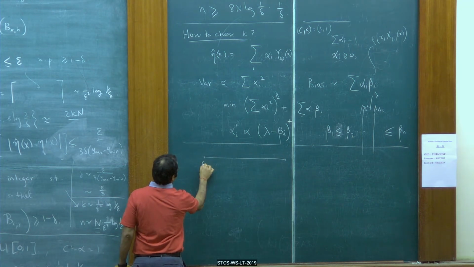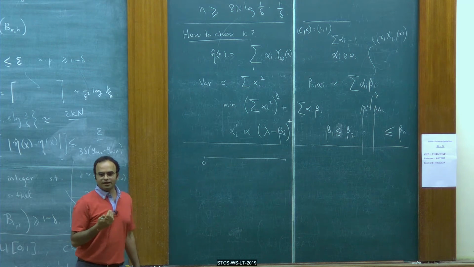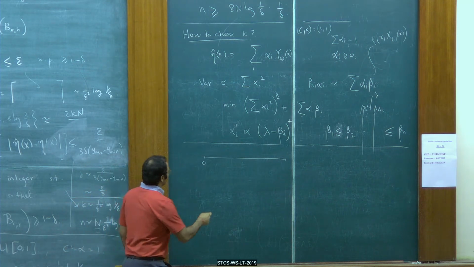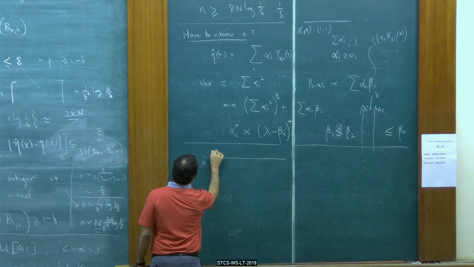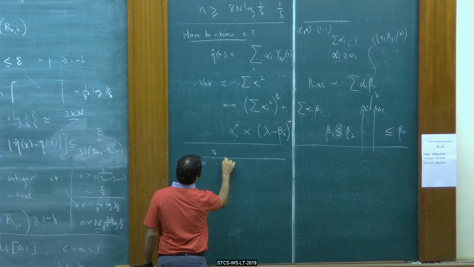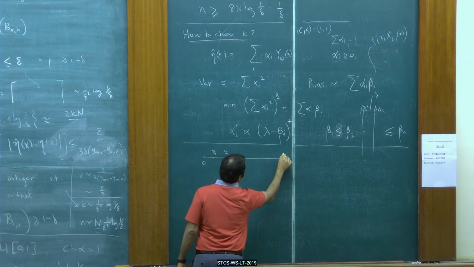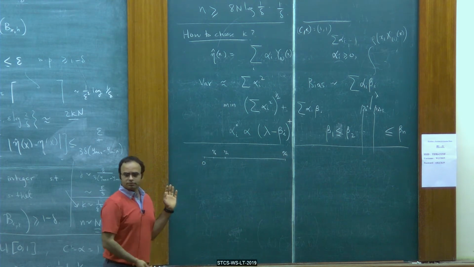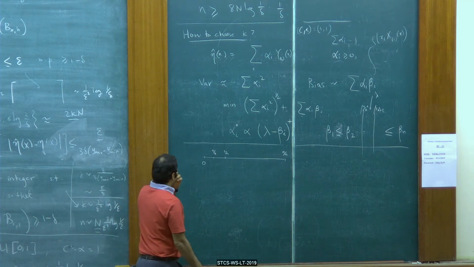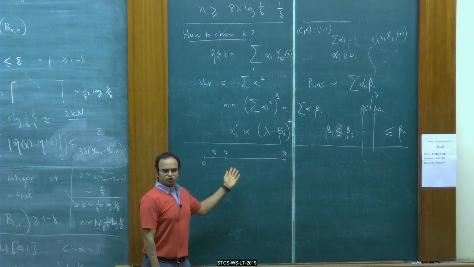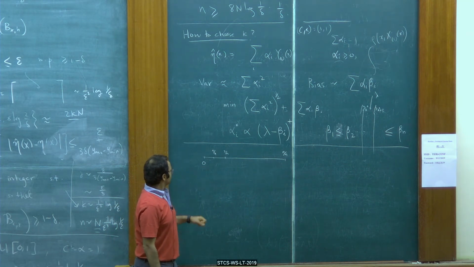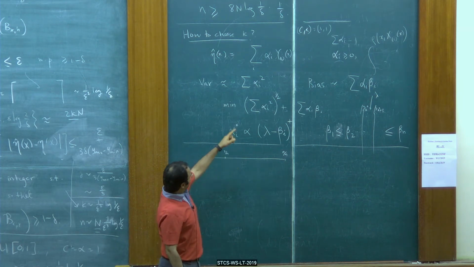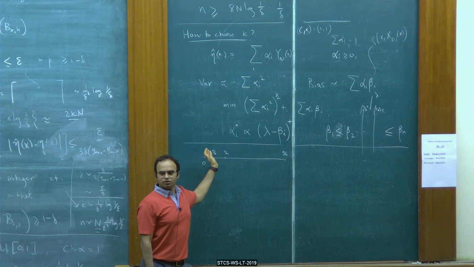Let's say 0 is my target x, at which I want to evaluate things, and the observations are at 1 over n, 2 over n, and so on up to n over n. This is kind of a proxy for the uniform distribution. In this setup, if I apply this algorithm, what would come out?